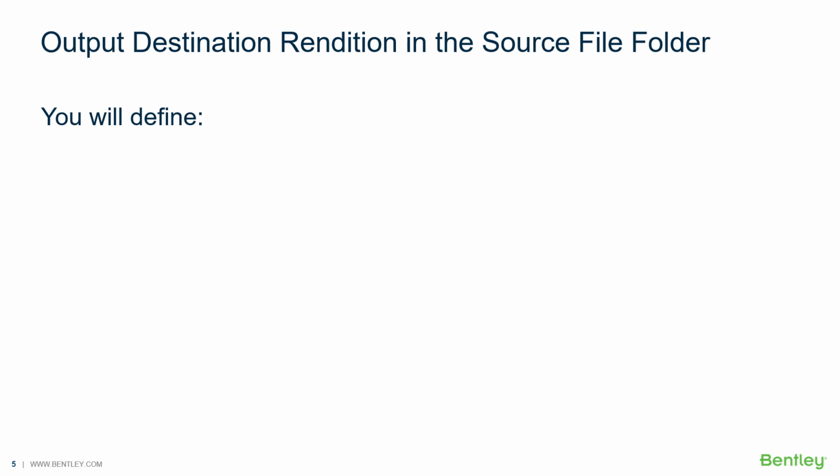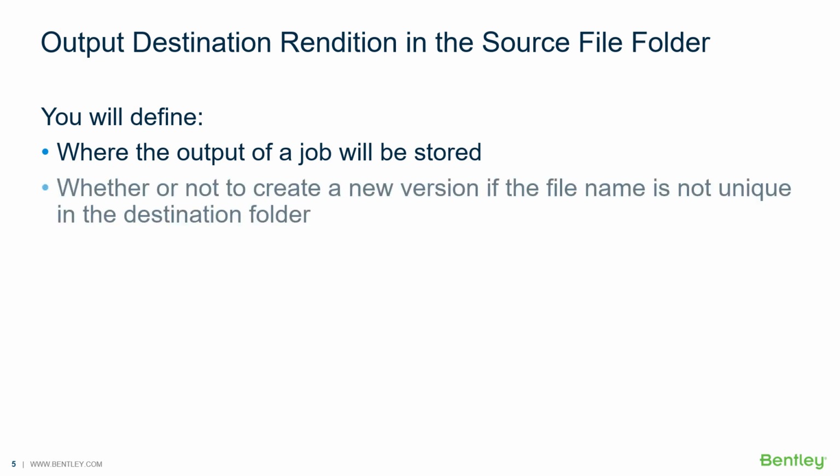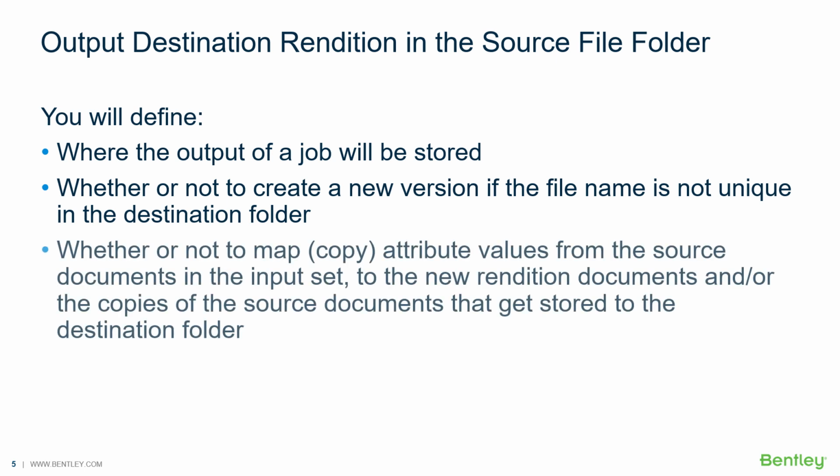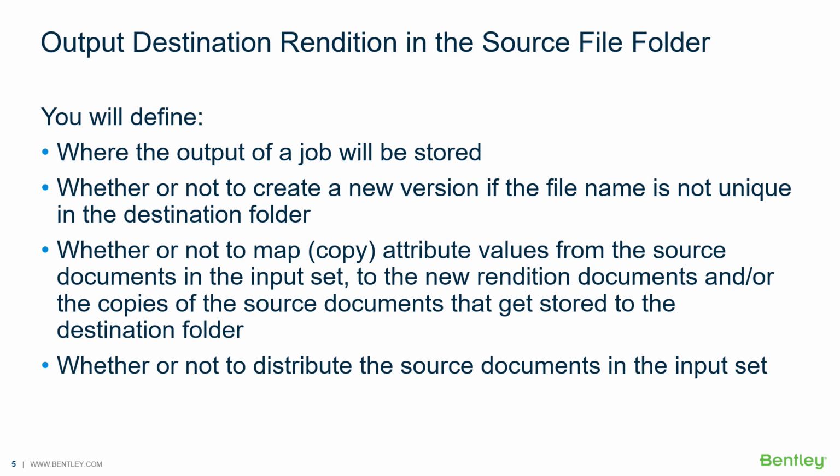With an output destination rendition for the source file folder, you will define where the output of the job will be stored, whether or not to create a new version if the file name is not unique in the destination folder, whether or not to map attribution from the source documents in the input set to the new rendition document, or to the copies of the source documents that get stored in the destination folder, and whether or not to distribute the source documents in the input set.